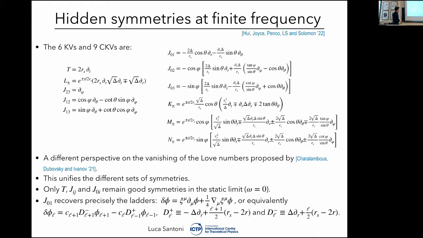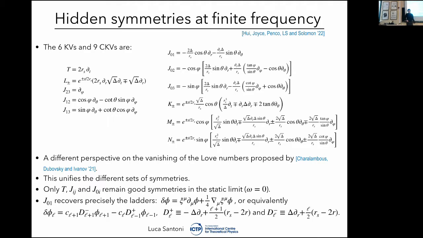The reason is basically the following: these ladder symmetries and the symmetry discussed here, at least in the Schwarzschild limit, are part of a larger picture. There are some differences for a rotating black hole that I'm happy to tell you about. In particular, these T and L plus minus are the symmetries discussed there.